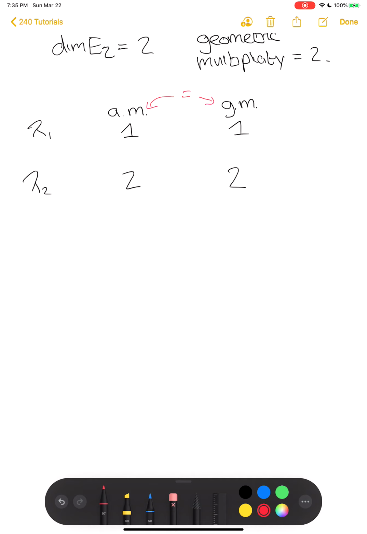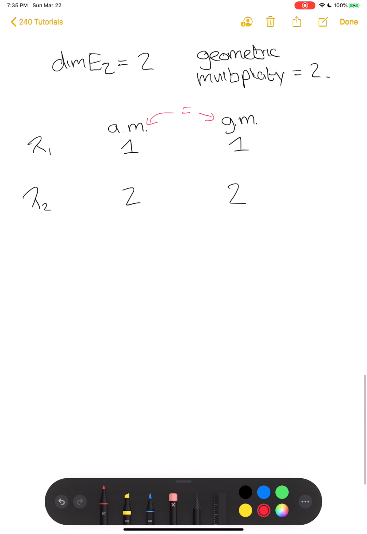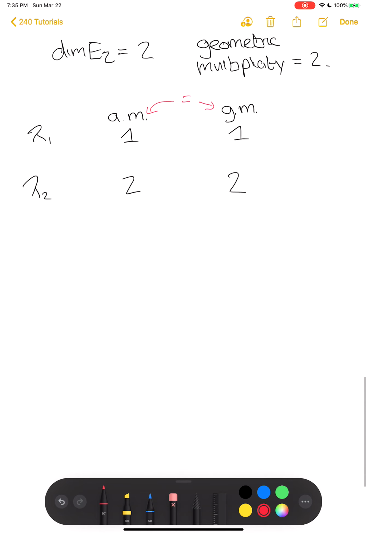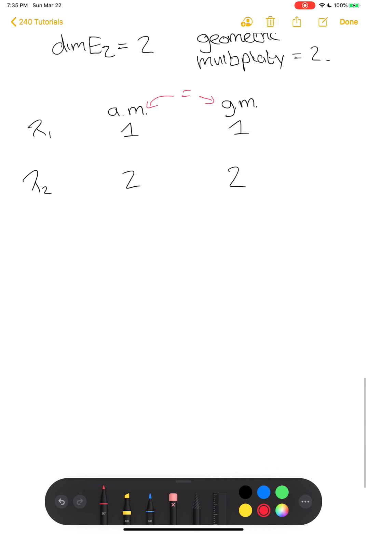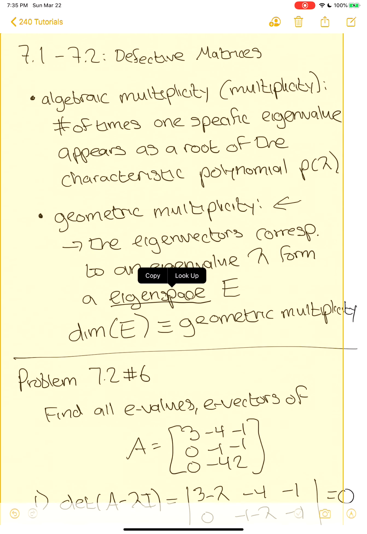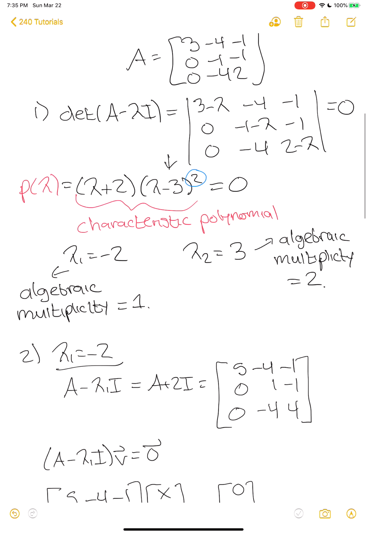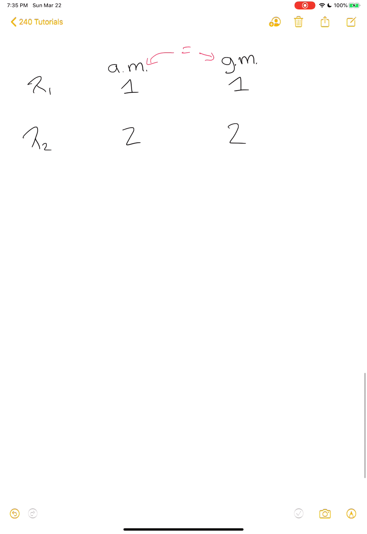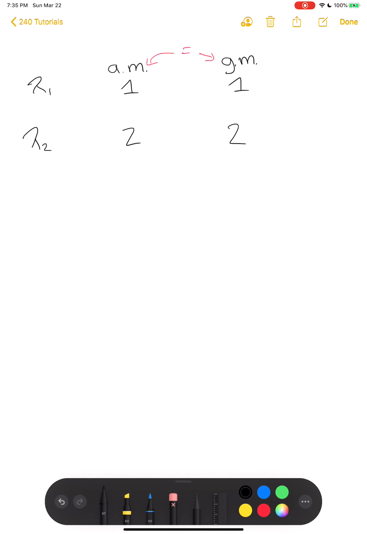So this might be the first time you've heard that term, but in the coming sections, we'll be doing a lot of tricks with diagonal matrices, and we're going to be wanting to work with matrices that are non-defective. So there's actually a formula we can use.